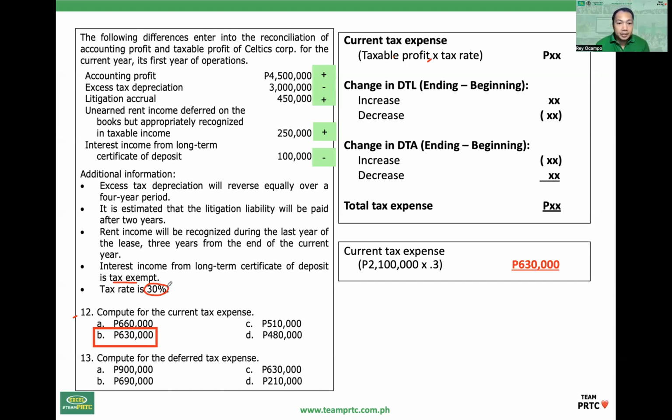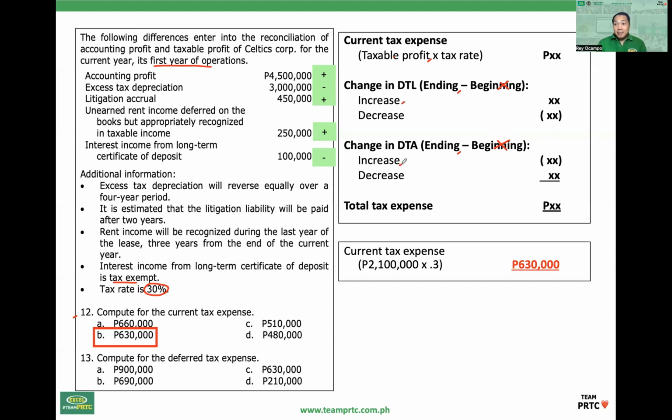Okay, next, deferred. Again, to get the deferred tax, net change in DTL and DTA. Now, this is first year of operations. Ibig sabihin, walang beginning. Therefore, kung walang beginning, yung ending, yun na din yung increase in DTL and DTA.